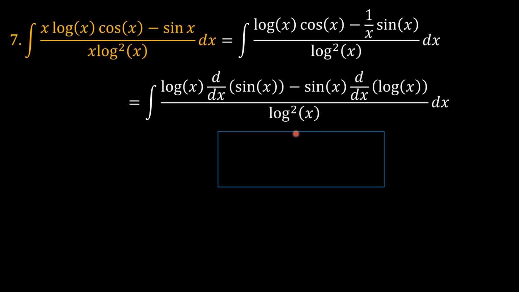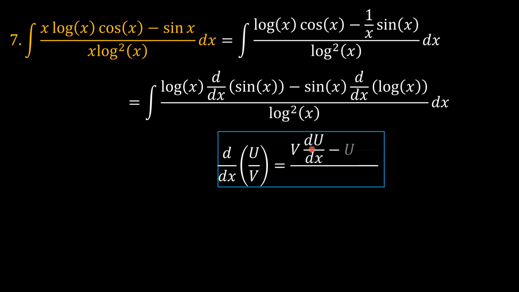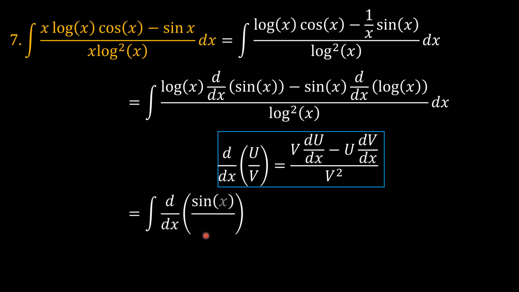And knowing that the derivative of a quotient u over v is v times du/dx minus u times dv/dx over v squared, we can clearly see that what we're doing under the integral sign is differentiating the quotient of sine x and the natural logarithm of x.